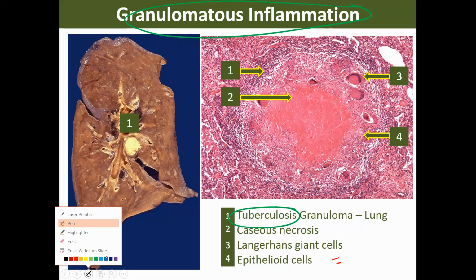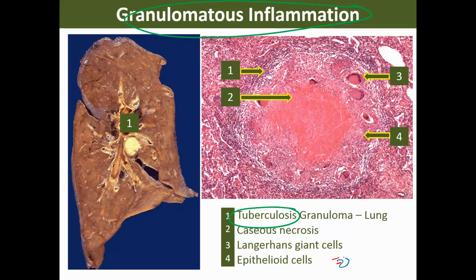Our macrophages take this bacteria. Okay, then they will become activated macrophages. Activated macrophages have a large nucleus, and they will release IL-12. This IL-12 will activate T lymphocytes, and the T lymphocytes will release interferon gamma, and this interferon gamma goes to the blood vessel.